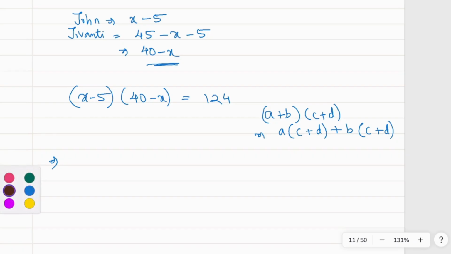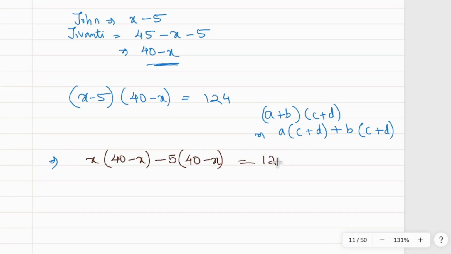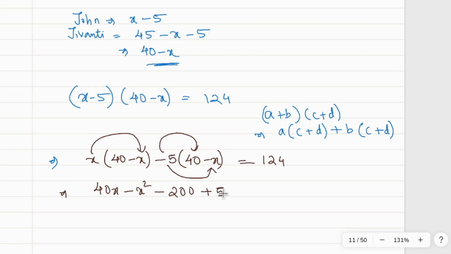So here what can I write? x into (40 minus x) minus 5 into (40 minus x) equal to 124, which is equal to 40x minus x square, since x into x is x square, minus 5 into 40 which is minus 200, then minus 5 into minus x, which is plus 5x.